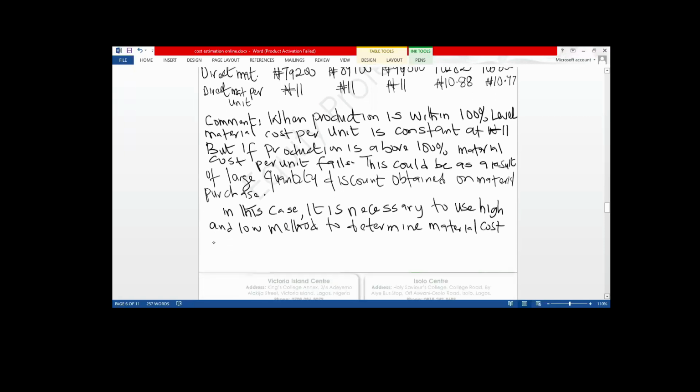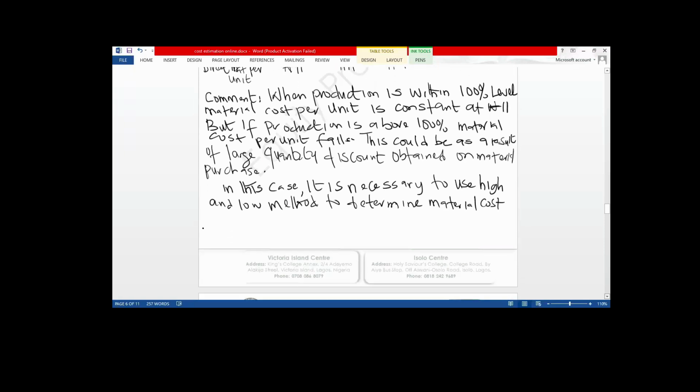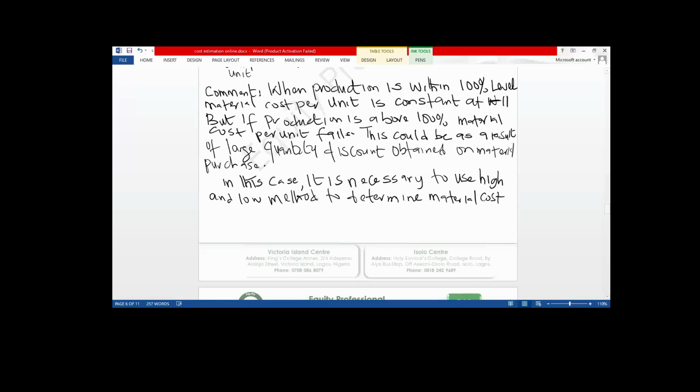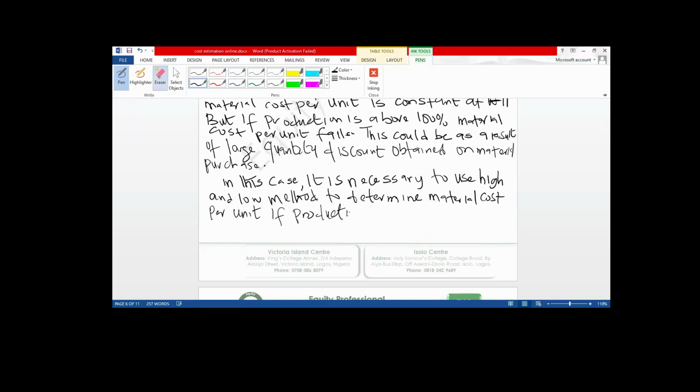Material cost per unit if production, no, let me use for production.